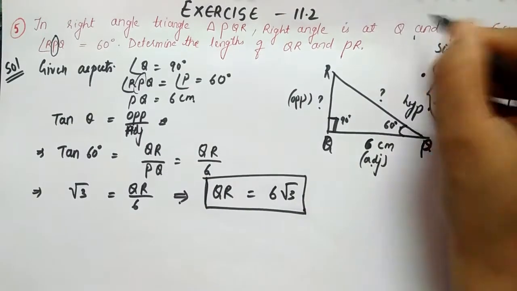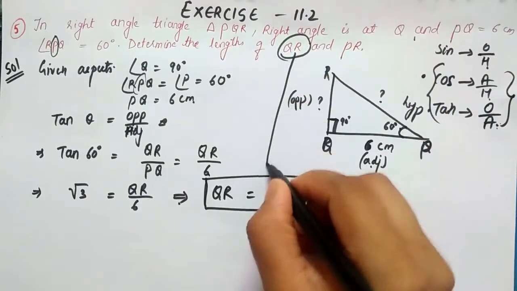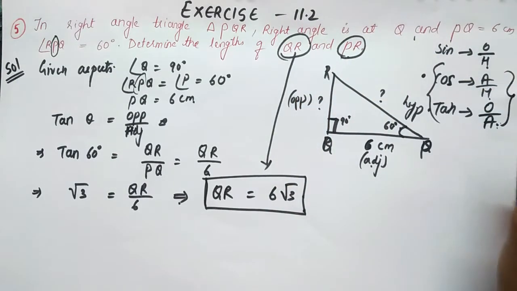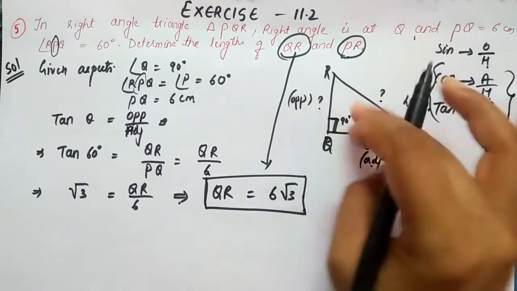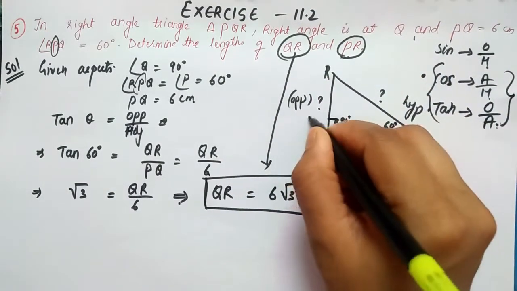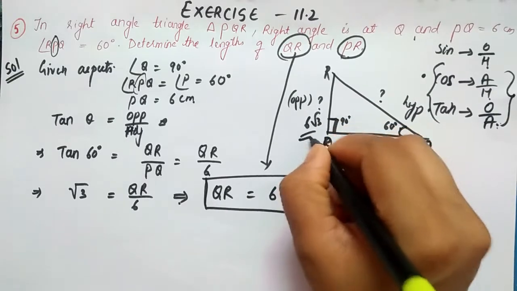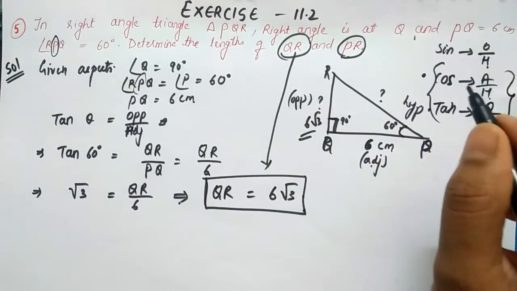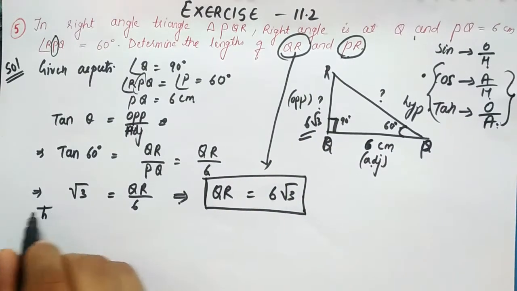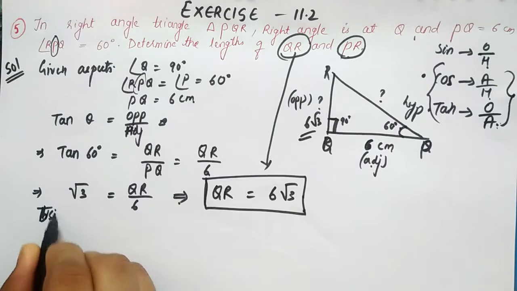We have got the value of QR. Now we are left with PR. You can use any of the formulas to get it, because we already have another side, 6 root 3, the opposite side. Or you can directly use the Pythagoras theorem.